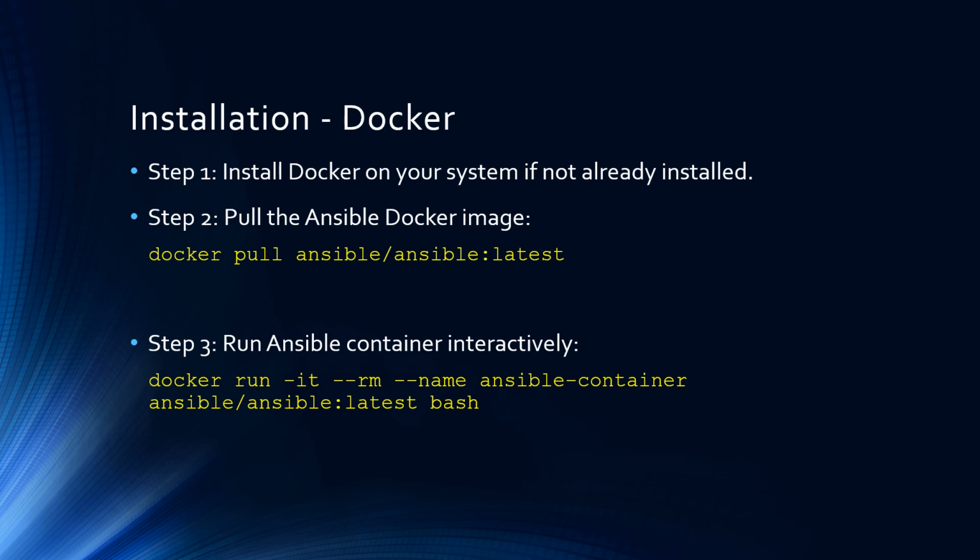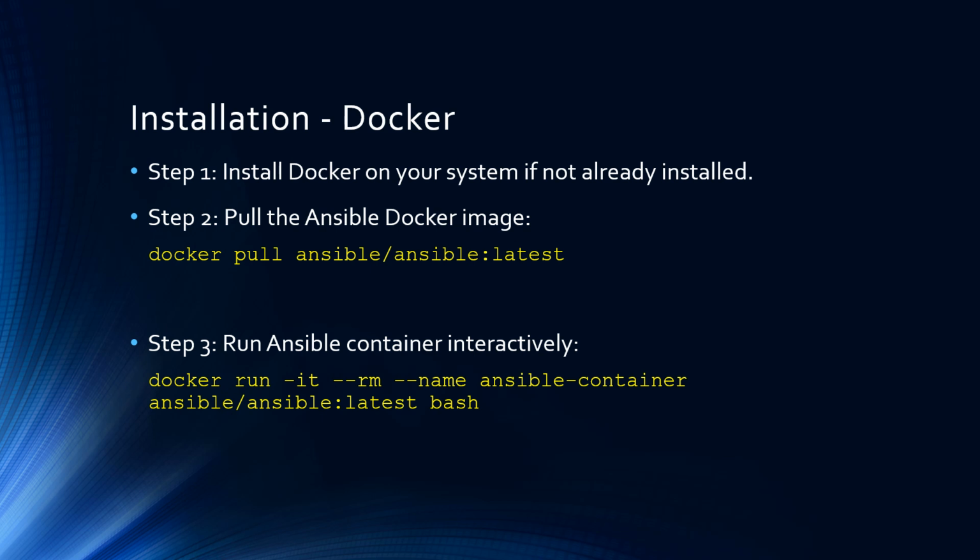When pulling the Ansible Docker image, you're getting an official image that includes not just Ansible, but all its dependencies properly configured. The latest tag ensures you get the most recent stable version, though in production environments you might want to specify a particular version for consistency. Running the container with the -it flags gives you an interactive terminal session, while --rm ensures the container is cleaned up when you exit.